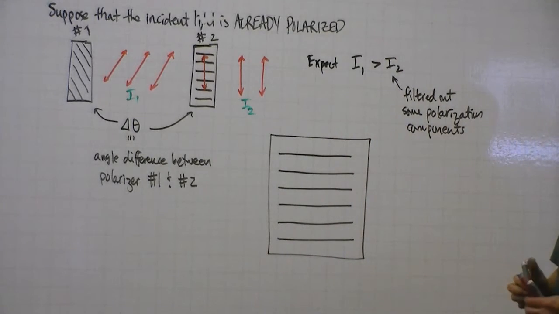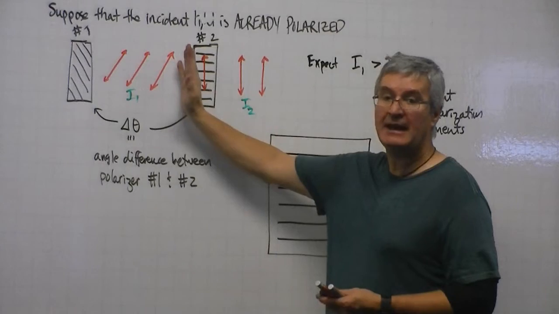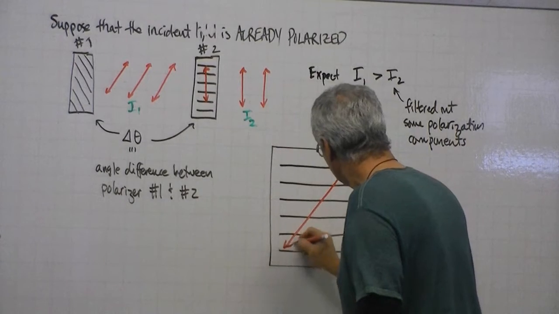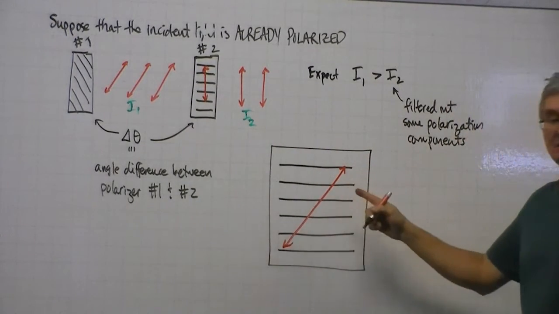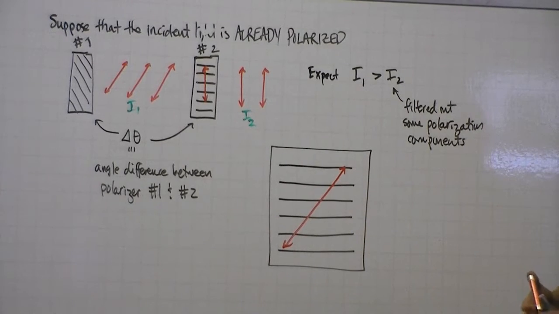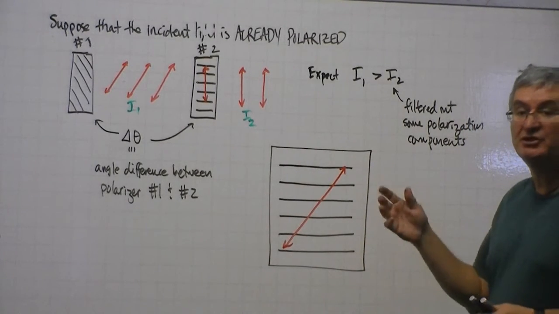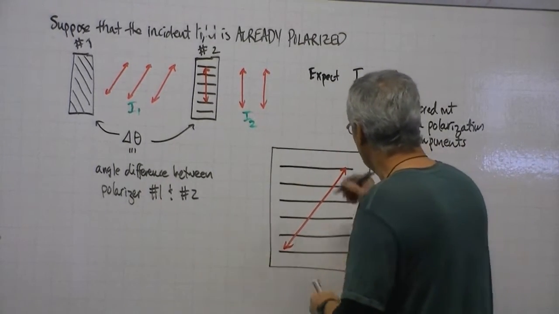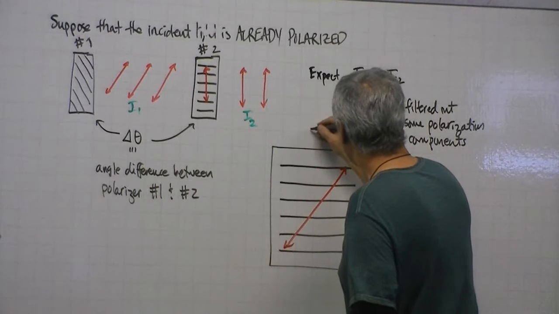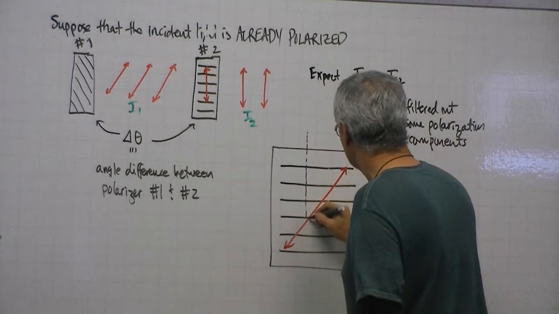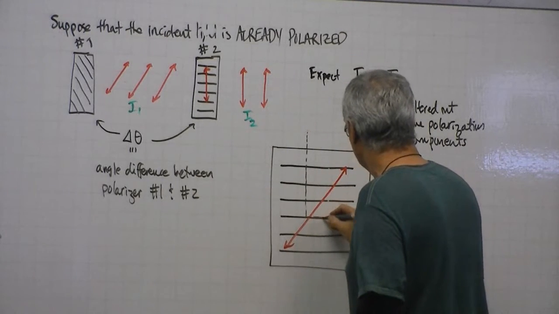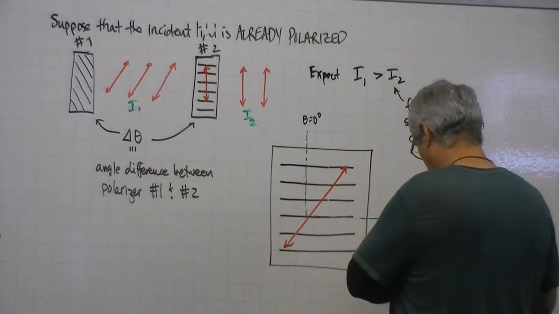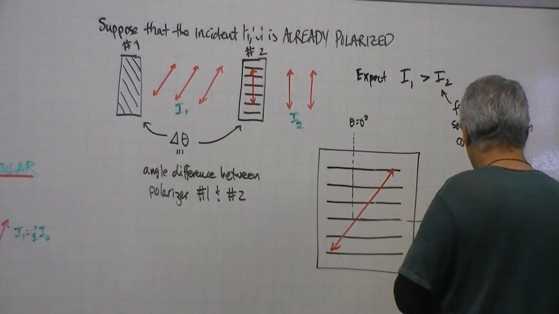So when the light comes in, it's coming in at an angle. What angle is this? Well, this angle is going to look like this. So this is how the incident light sees the polarizer. Now, the notation that we use for measuring angles is that everything is measured relative to the vertical here. So I'm going to pick theta here equal to 0, and then theta here is going to be 90 degrees.